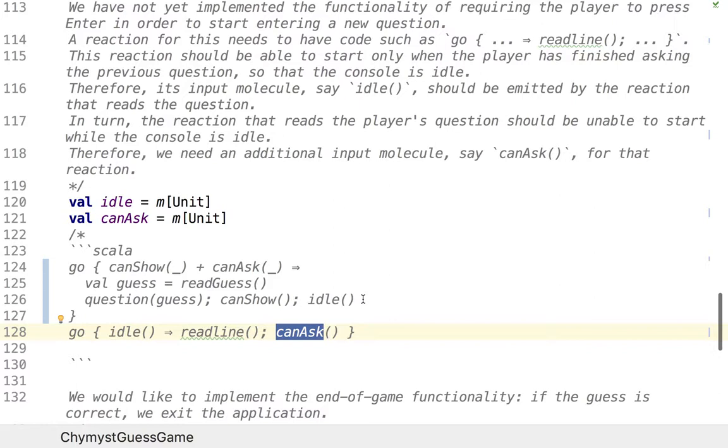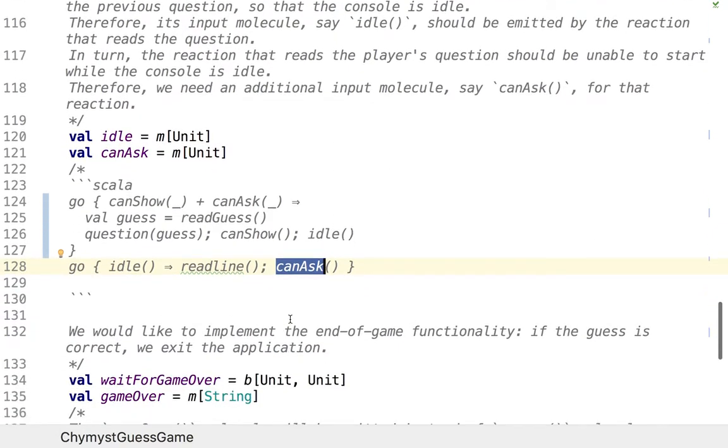The console is either idle or the user has requested to ask another question, and then the console is no longer idle. So now that is basically the entire functionality, except we want to implement the end of game.